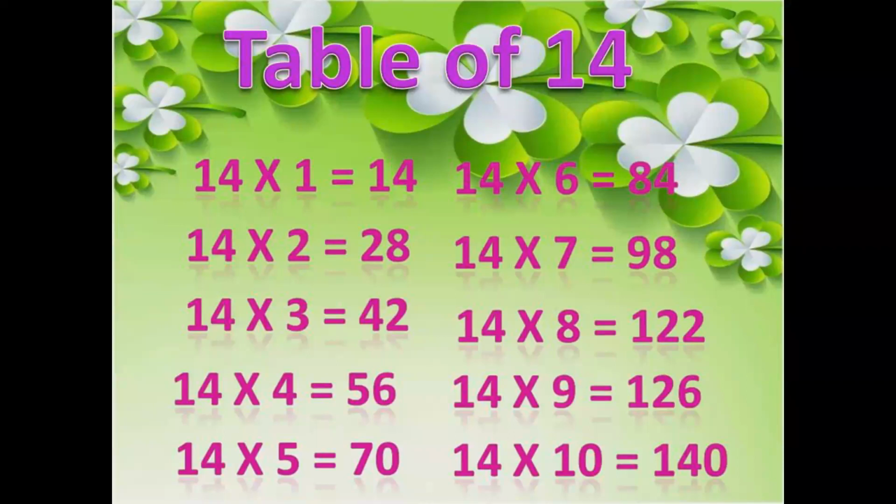The table of 14. 14 ones are 14, 14 twos are 28, 14 threes are 42, 14 fours are 56, 14 fives are 70, 14 sixes are 84, 14 sevens are 98, 14 eights are 112, 14 nines are 126, 14 tens are 140. Okay, good.